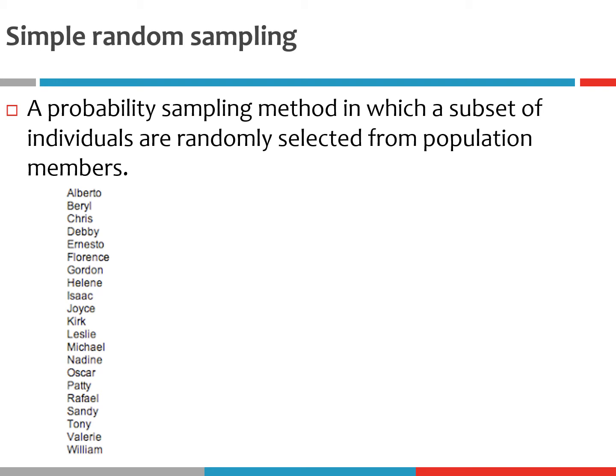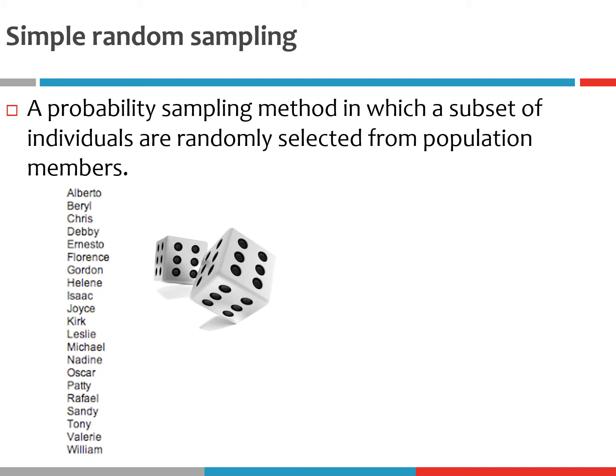So in this particular method, one way that you would achieve a simple random sample is if you wrote down all of the students on Mercer's campus in alphabetical order, okay? And then perhaps you took a die, and you rolled it, okay? And if you got the number 2, then you would take the second person on the list.